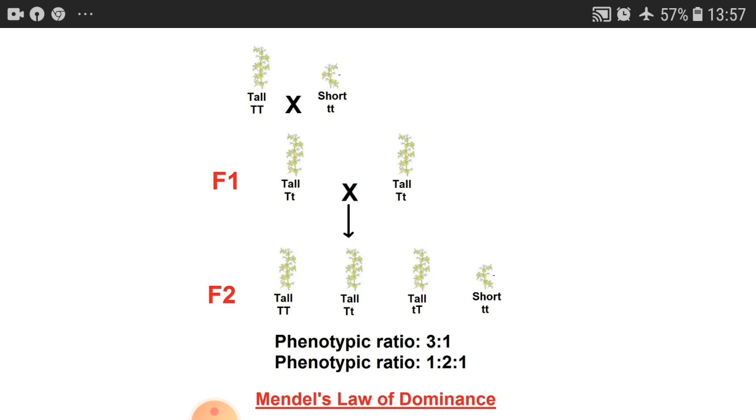So Mendel considered the size of the stem. For example, we'll take here, like it is displayed on your screens. On your screens you can see this. Now you can see in red it is written F1 generation.